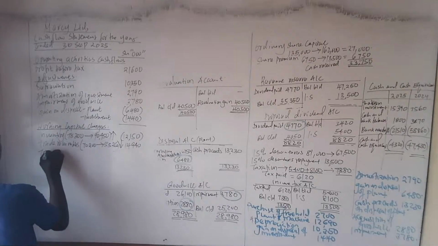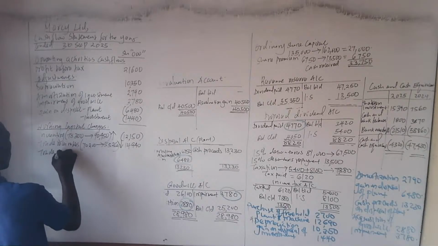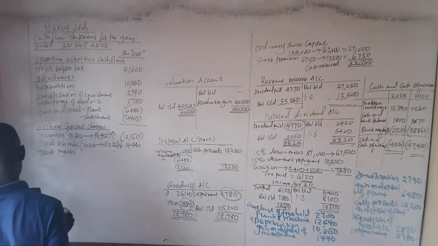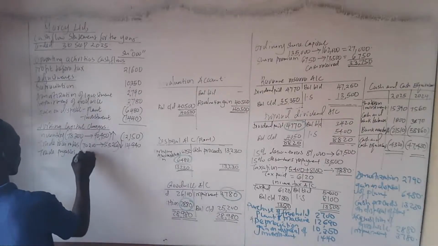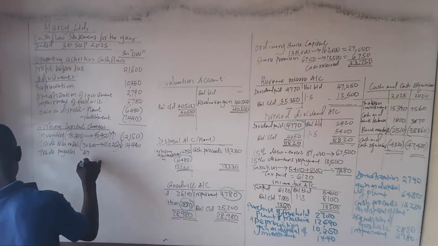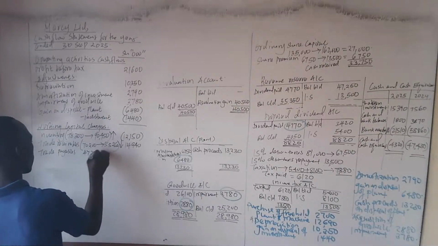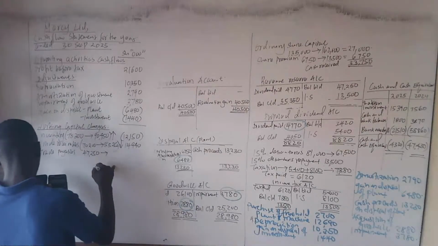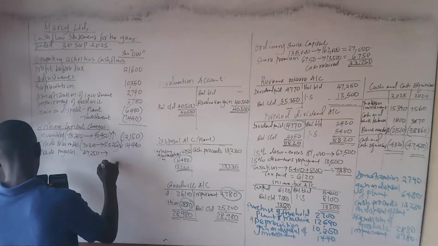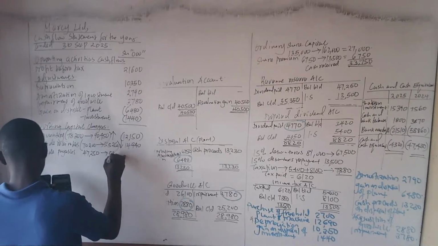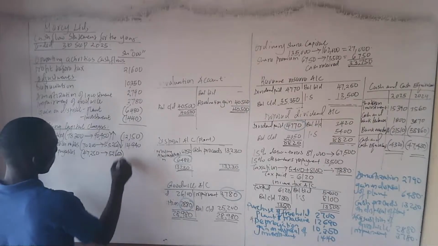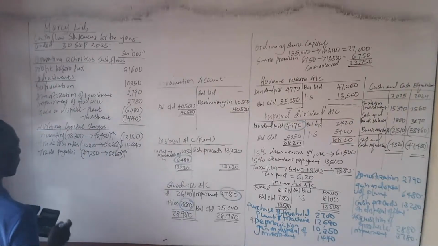Then we go straight away to the liability, trade payables. At the beginning we had 47,250. Then at the end we had 52,650, meaning the trade payables increased.